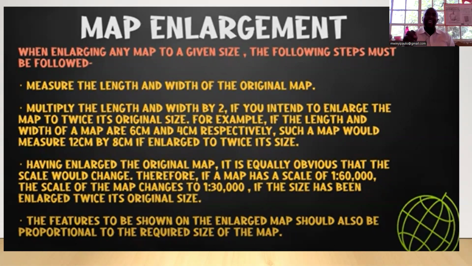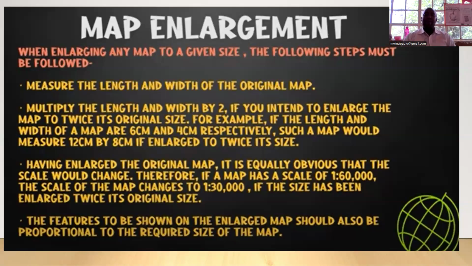For example, if the length and the width of a map are 6 centimeters and 4 centimeters respectively, such a map would measure 12 centimeters by 8 centimeters if enlarged to twice its size. Having enlarged the original map, it's equally obvious that the scale would change.